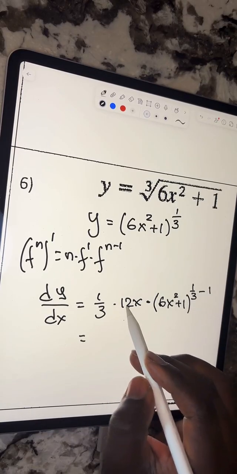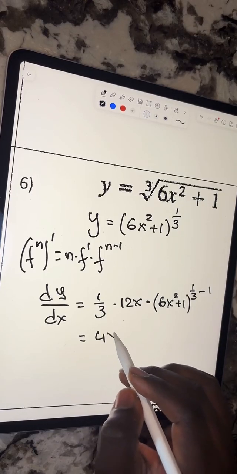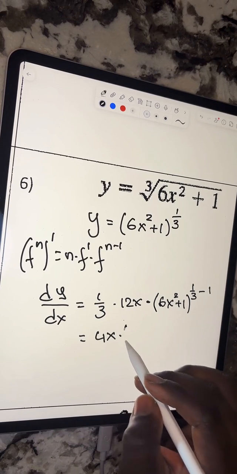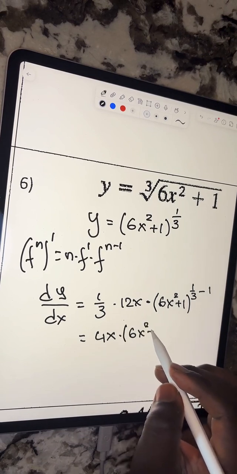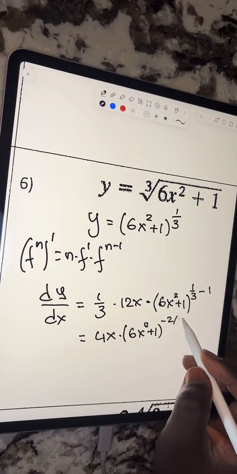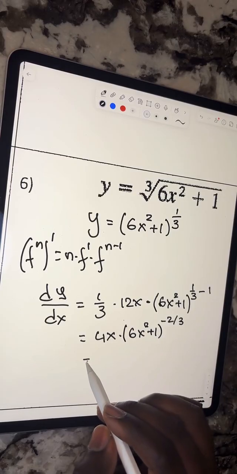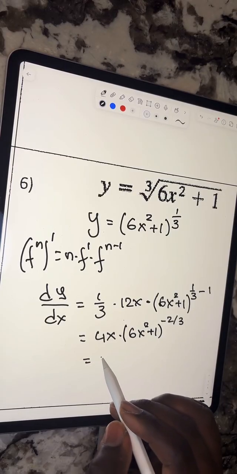1/3 of 12x, that's 1/3 times 12. That's going to be 4x times 6x squared plus 1 to the power of 1/3 minus 1. That would be negative 2/3. Or if you want, we can go even further.